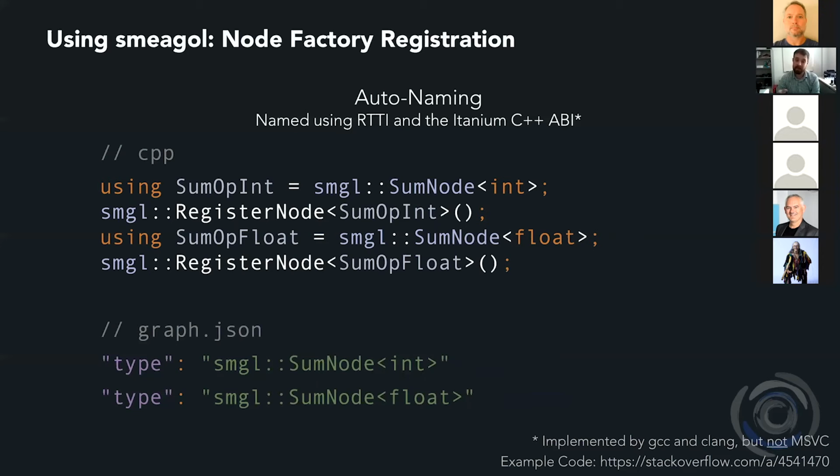The problem is the name is implementation defined. Depending on whether it's GCC or Clang or some other compiler, it's not generic across compilers. And so if you serialize using that name directly, then you can't ever deserialize on a different platform, or with a version of Smeagol that was compiled with a different compiler.